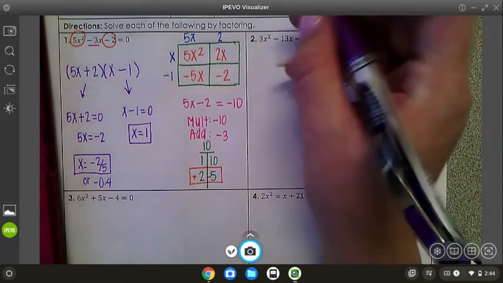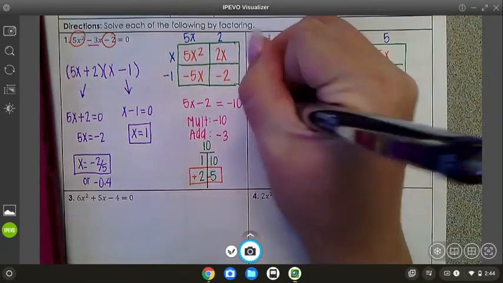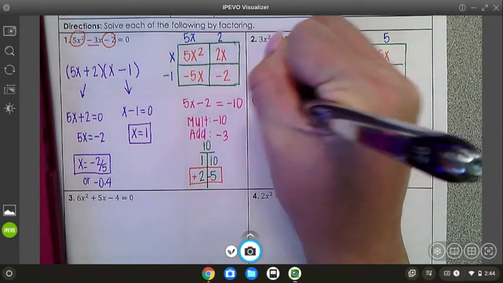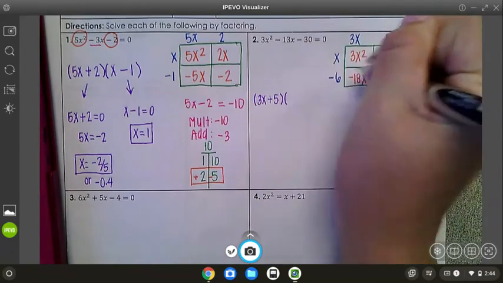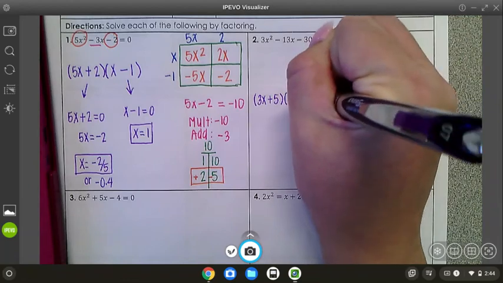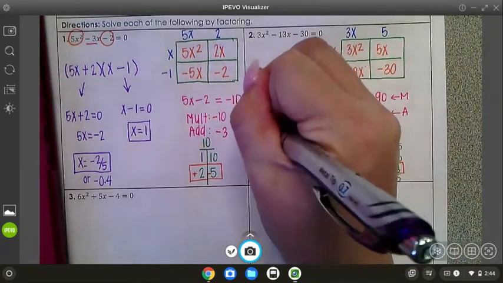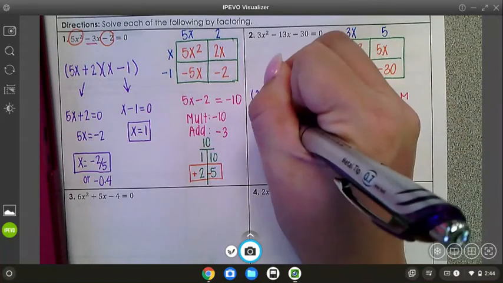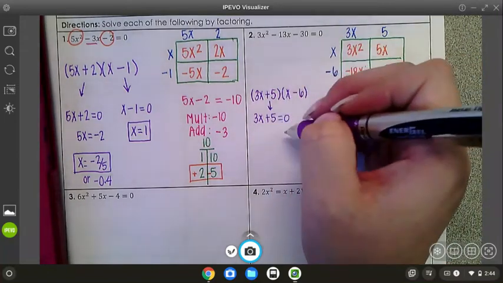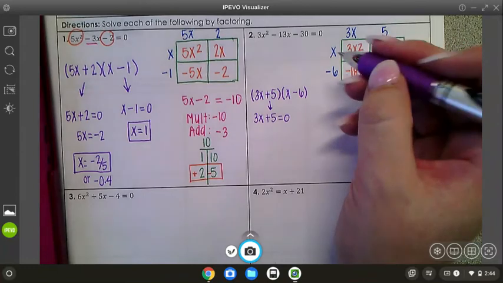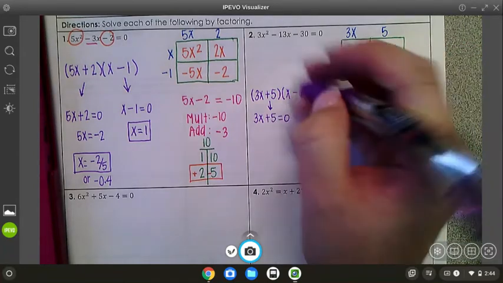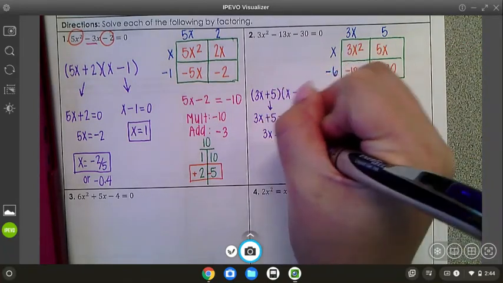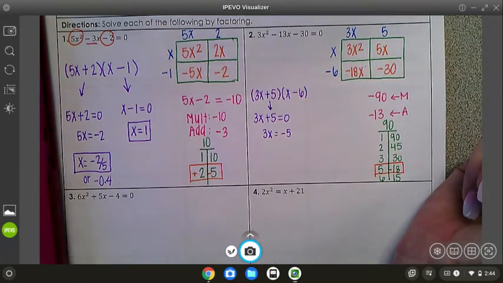So these become my factors. 3x plus 5 and x minus 6. So my first one, when I set that equal to 0, we first subtract 5, giving us 3x equals negative 5.